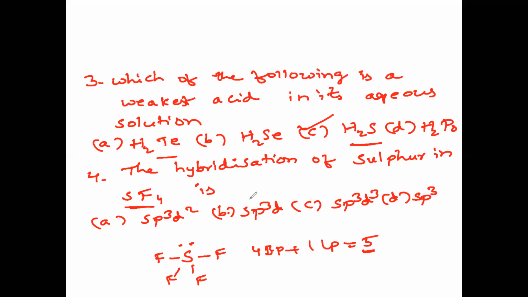If the n factor is 5, it is sp3d. N factor 6 is sp3d2, n factor 4 is sp3, and n factor 7 is sp3d3. So here the n factor is 5 because it contains 4 bond pairs and 1 lone pair, 4 plus 1 is 5, and 5 means sp3d. I hope it is clear.